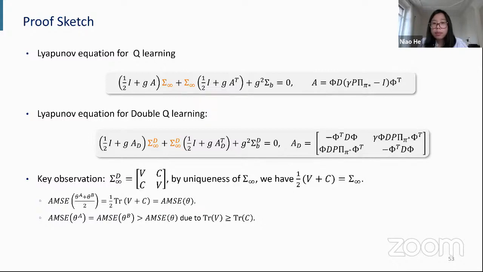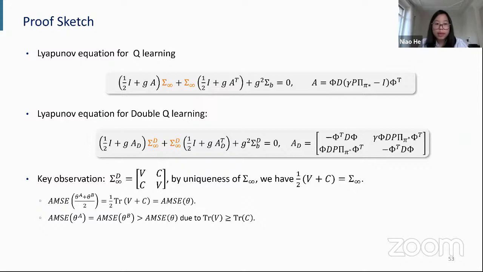This implies that if you take the summation of the matrices V and C and take half of it, this should be exactly the same as the asymptotic variance, due to the uniqueness of the Lyapunov equation. This immediately implies that the asymptotic mean square error of the average estimator is the same as that of the Q-learning algorithm, because they have the same asymptotic covariance terms.